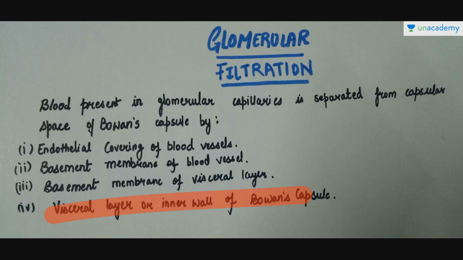Now why do we want to know about all these separations between the Bowman's capsule and the glomerulus? Because the glomerular filtration refers to passing of the filtrate from the blood into the Bowman's capsule.